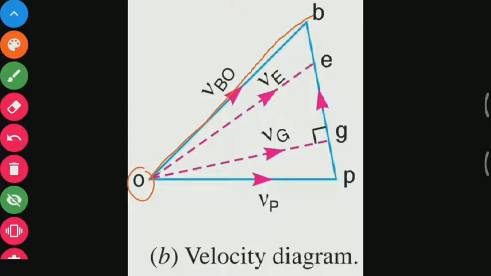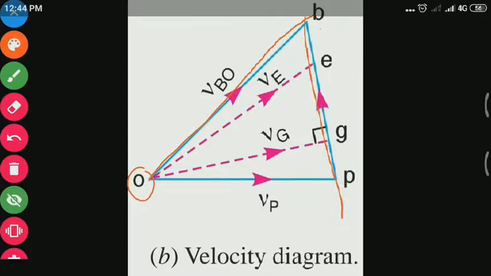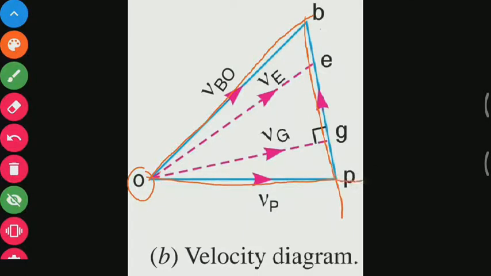You will get the point B and the direction will be towards B. Then draw a perpendicular line to link PB, and then draw another vector OP which is parallel to the path of slider. Both the lines will intersect at point P. In this way we can complete the velocity diagram.